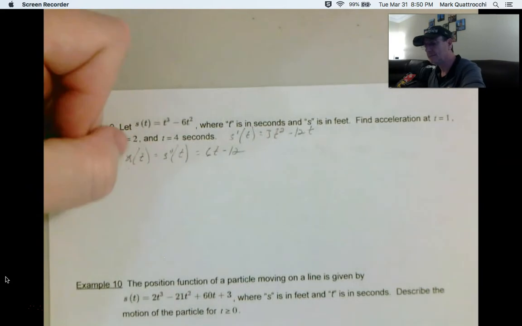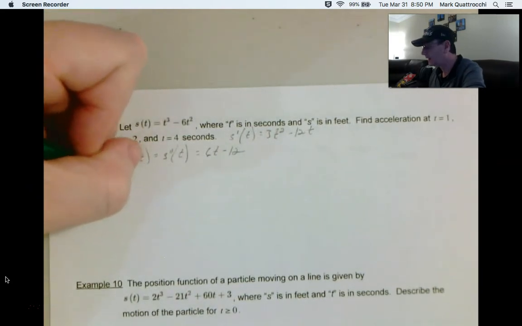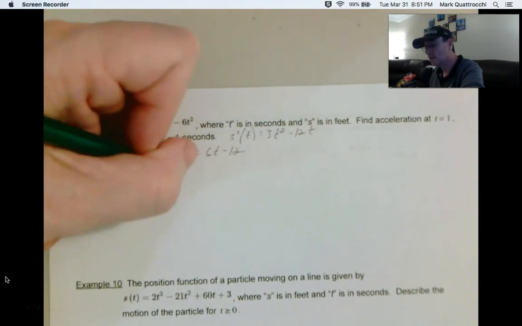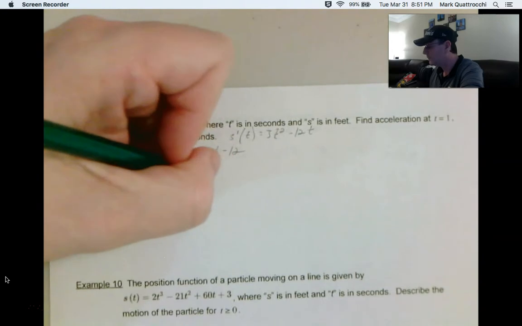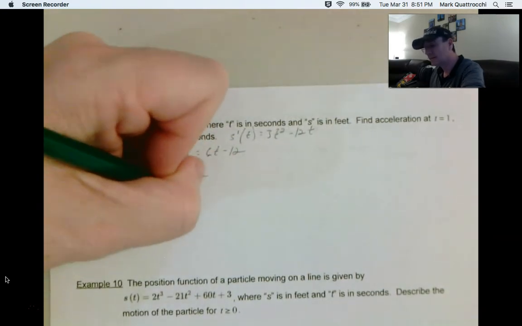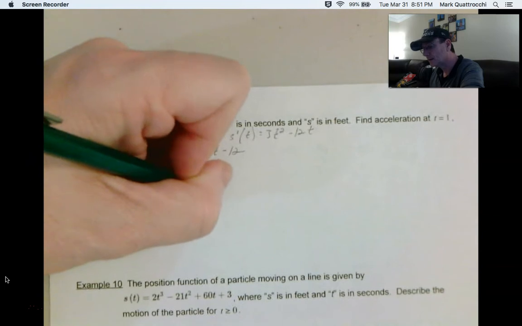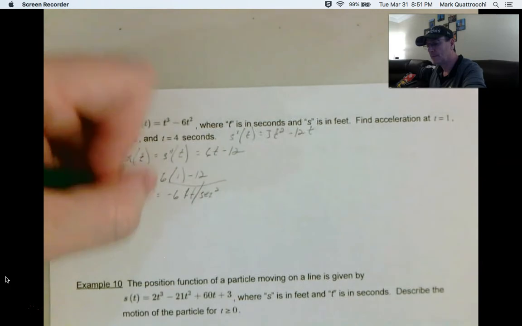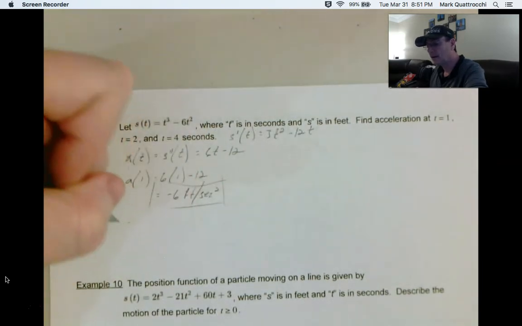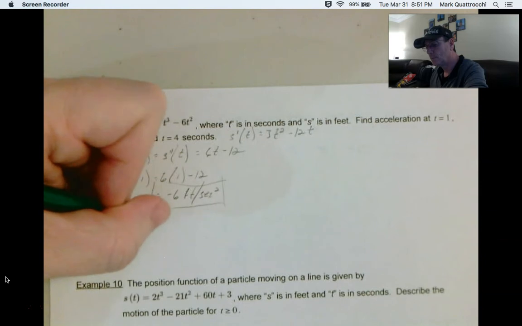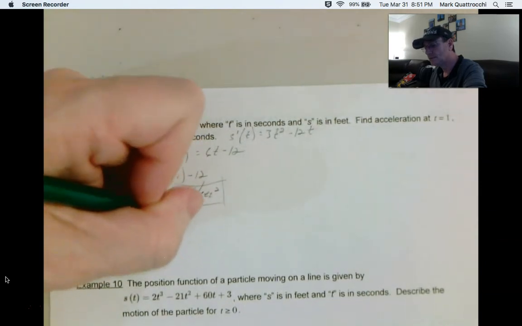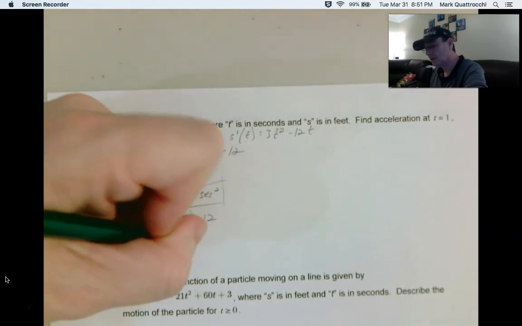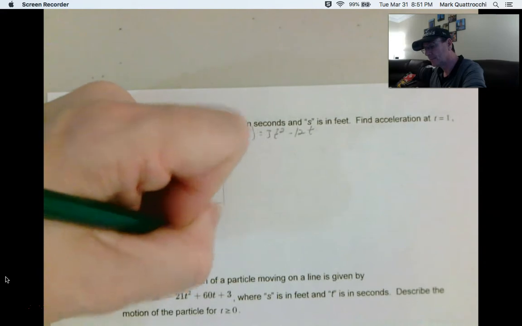We want to find a of 1. It's going to be 6 times 1 minus 12, or negative 6 feet per second squared. A of 2 is equal to 6 times 2 minus 12, or 0 feet per second squared.